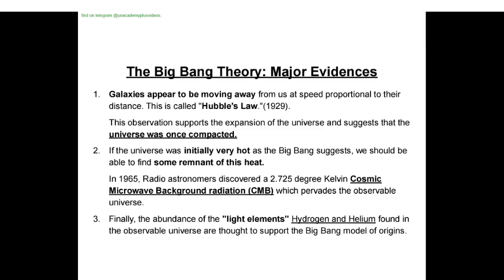In 1965, radio astronomers discovered a 2.725 degree Kelvin cosmic microwave background radiation (CMB) which pervades the observable universe. Finally, the abundance of the light elements hydrogen and helium found in the observable universe is thought to support the Big Bang model of origins.